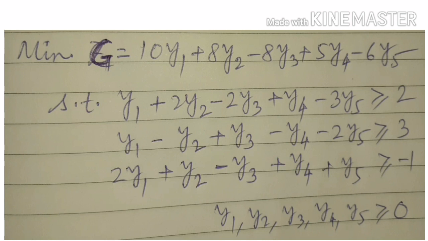That is, we convert the objective function to maximization form and all the constraints into less than or equal to type. If there is any greater than or equal to type inequality, we multiply it by -1 on both sides, and if there is any equality constraint, we first break it into two inequalities, one taking less than or equal to and one taking greater than or equal to, and then multiply the greater than or equal to inequality by -1, so that we have the maximization symmetric form, and then we get the dual problem instantly.